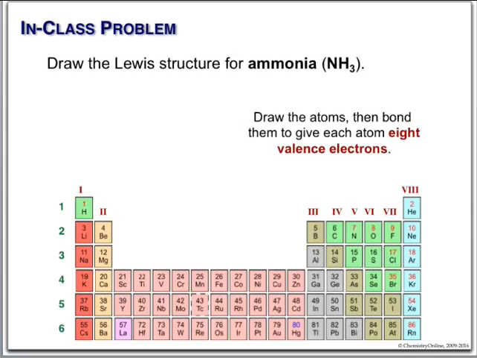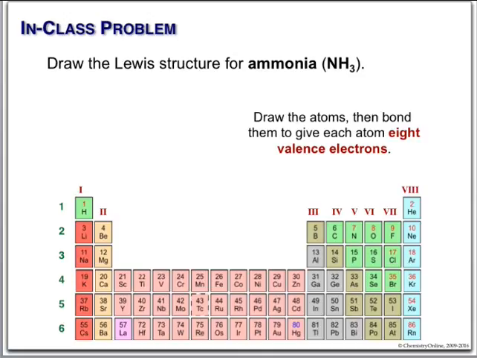In order to draw a Lewis structure, what you want to do is find the atom, figure out how many valence electrons, put them around there, put the little dots. And then we want to make bonds. Remember, every bond can only have 2 electrons. Only have 2.